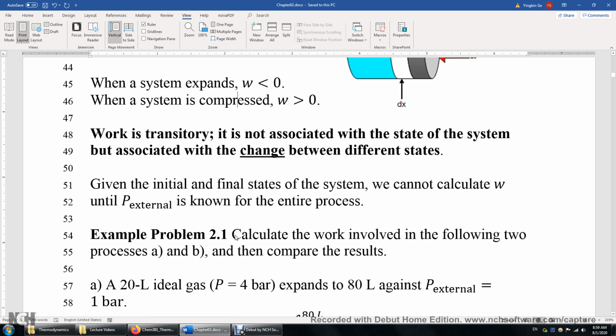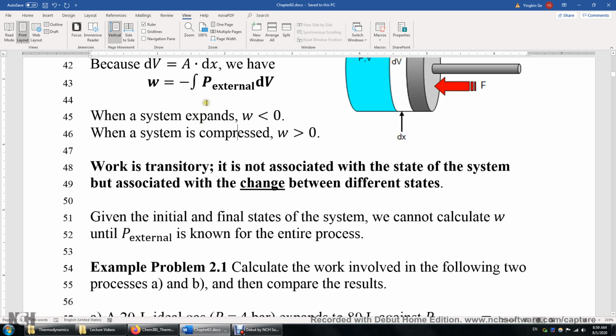So work is transitory. Why is that? Because if you look at the equation for work over here, we need to know how this P external changes during the expansion or compression process. So work is not really associated with the state of the system. Given the initial state and the final state of the system, there is no way to evaluate the amount of work.